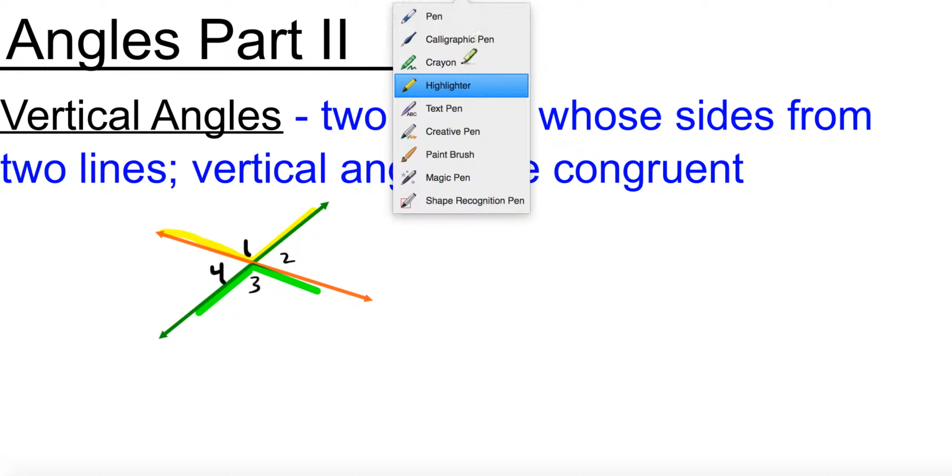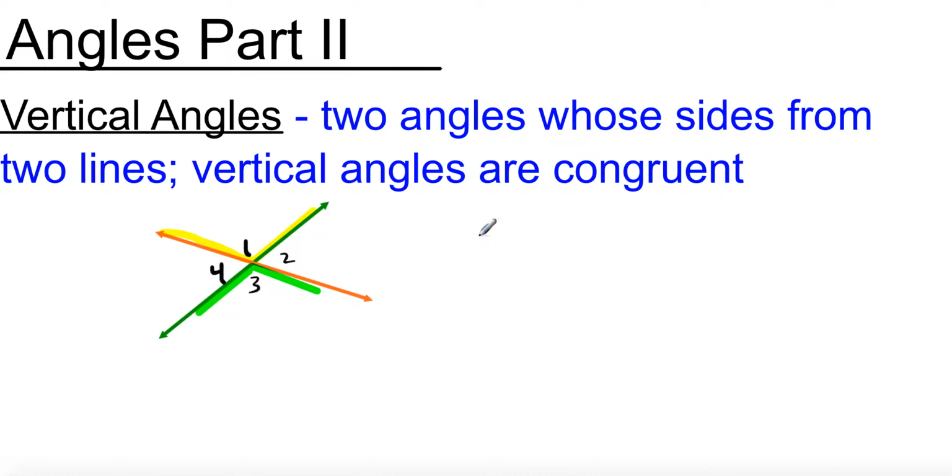So we can say that angle 1 and angle 3 are vertical, and we can also say angle 1 and 3 are congruent. So we would also state that angle 2 is congruent to angle 4.